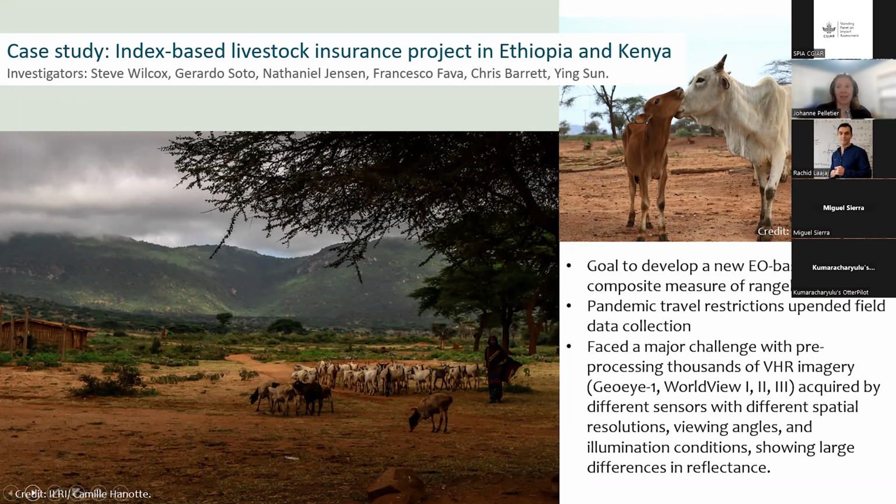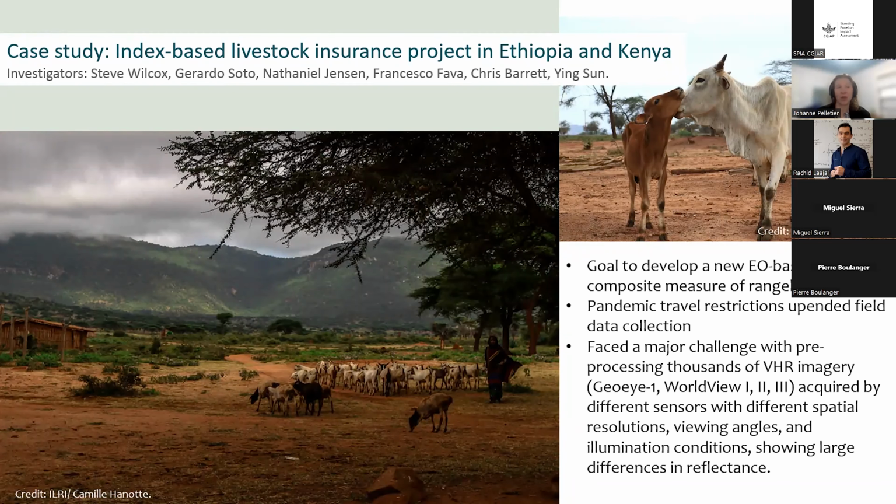But the problem with that, they wanted to use this information for classification. But because the zone is very large and they had so much imagery, to create a mosaic with all these very high resolution images, they found a big challenge because they were collected from different sensors at different resolution, different viewing angle, and different illumination condition that really showed a major difference in reflectance.